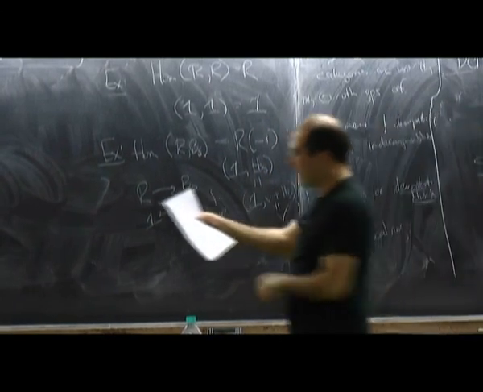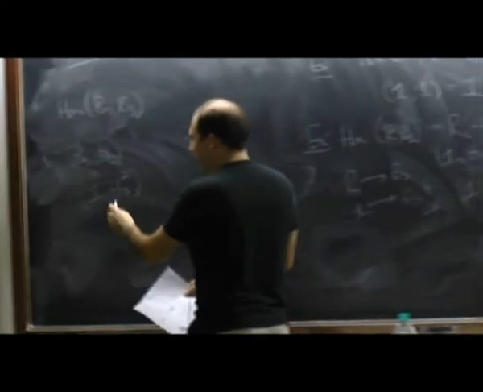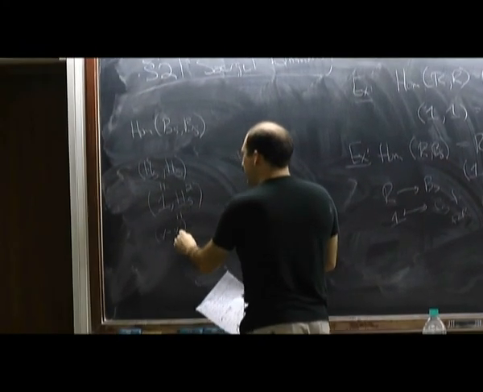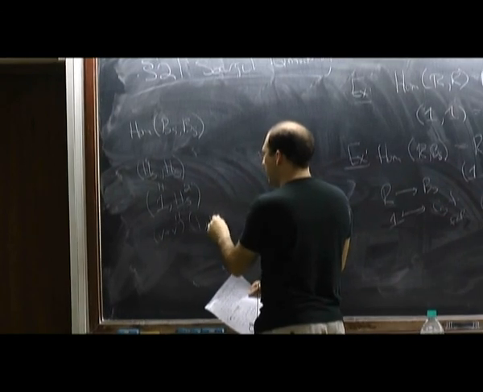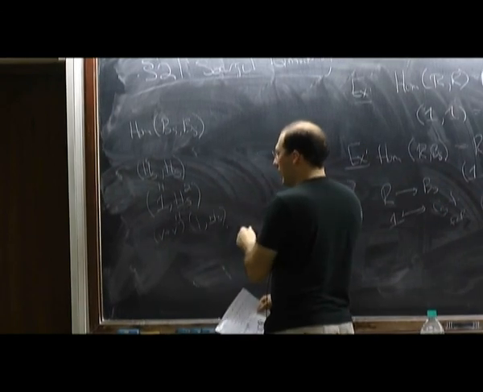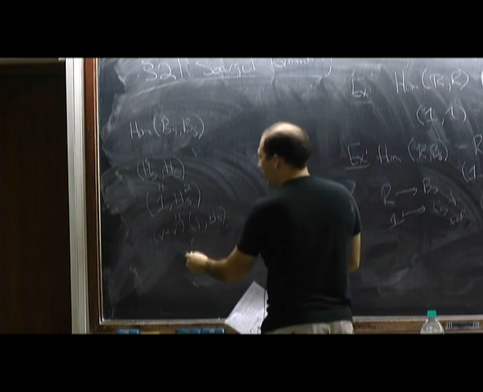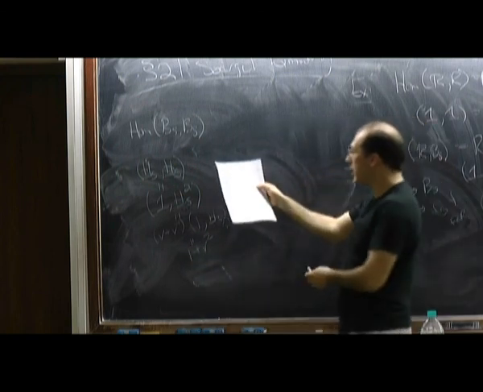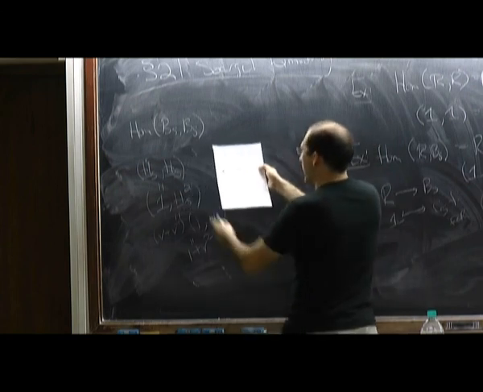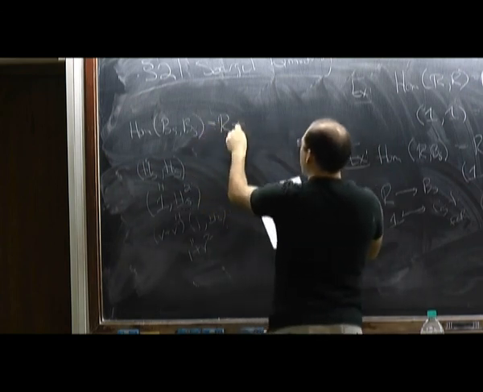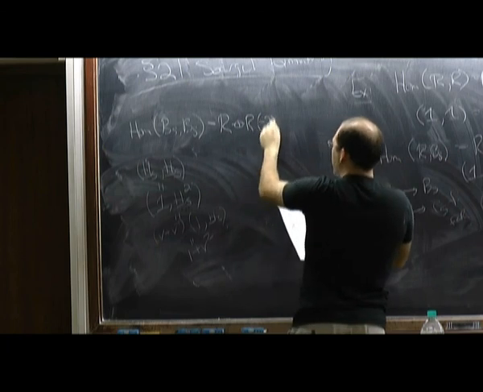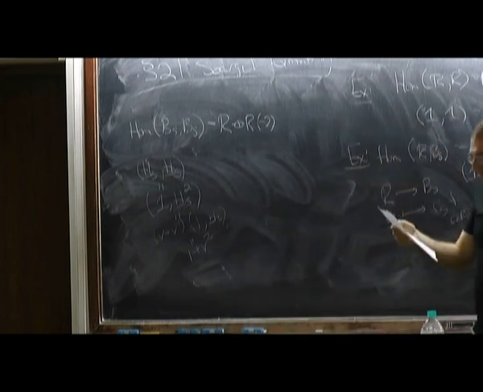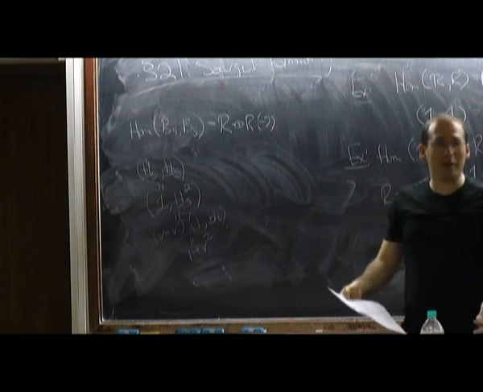So to continue this calculation, this is HS squared. We already know that's v plus v inverse times HS. And we already computed that this is v, so we get 1 plus v squared. Okay, so this is supposed to be R plus R shifted up by 2. Okay? And in fact, we already know what the Hom spaces are.